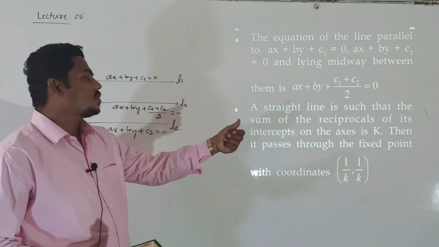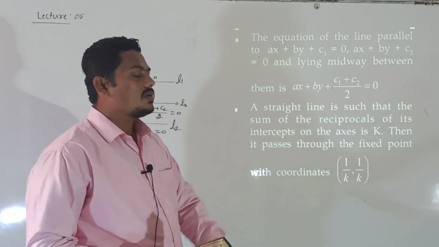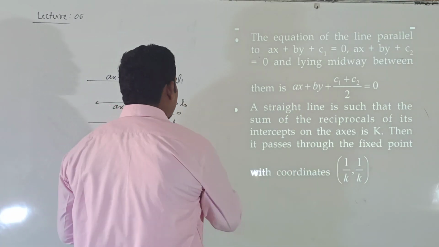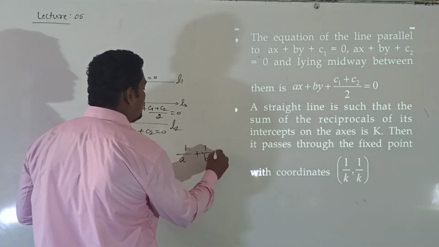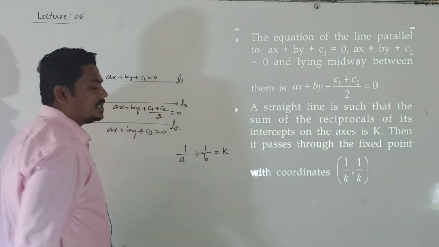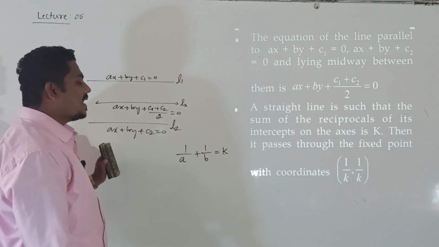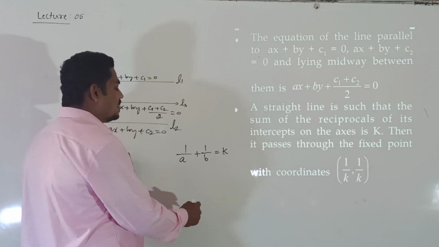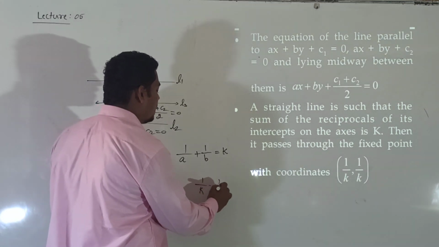Then it passes through the fixed point 1 by k comma 1 by k. Suppose 1 divided by a plus 1 divided by b is equal to k, the sum of reciprocals of the intercepts is equal to k, then that line is passing through 1 divided by k comma 1 divided by k.